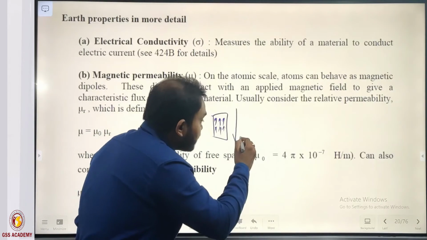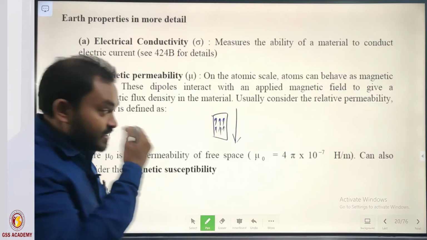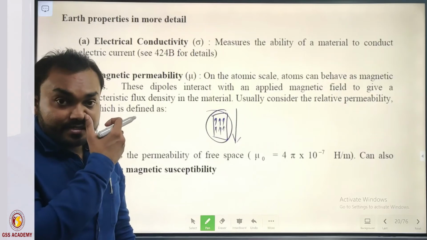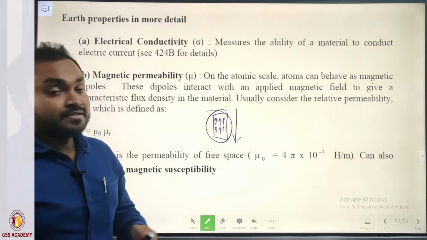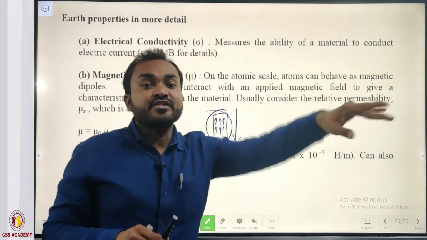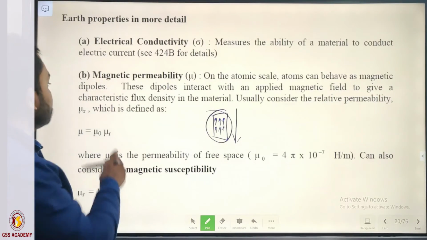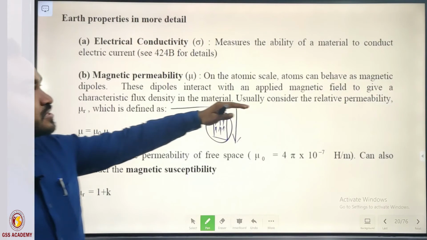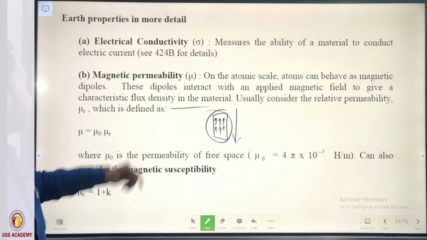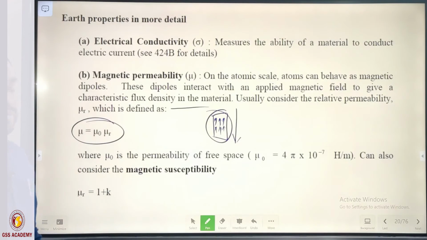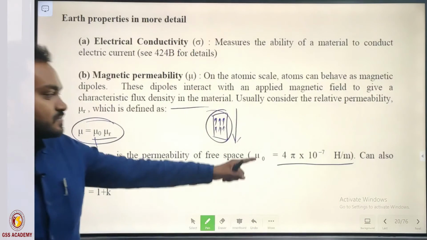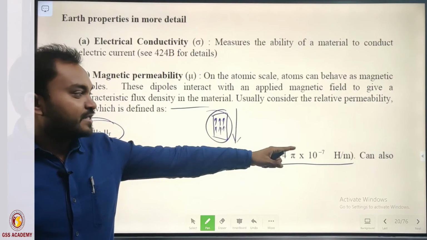Suppose we apply an external magnetic field; the molecular magnetic properties will react to the external magnetic field, to give a characteristic flux density in the material. Usually we consider the relative permeability, defined as mu equal to mu 0 into mu r. Mu 0 is the permeability of free space, that is 4 pi multiplied by 10 to the power minus 7 Henry per meter.